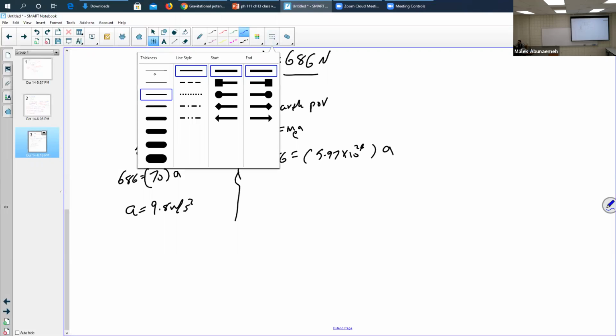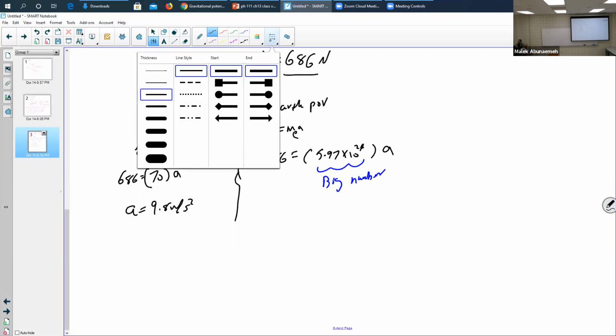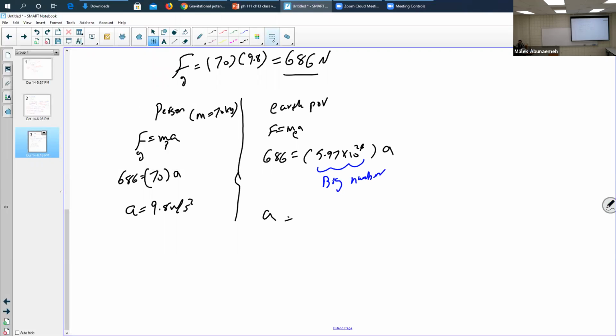Again, this is a very, very big number. So in this case, a equals 686 divided by 5.97 times 10 to the 24, and it's going to be really, really small. That is unnoticeable.